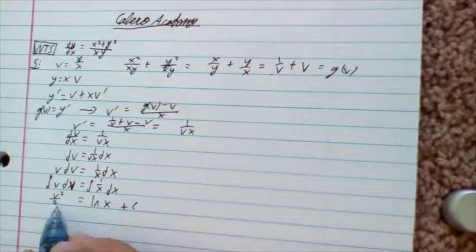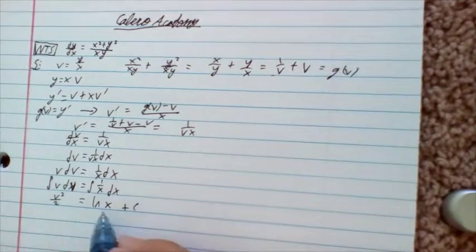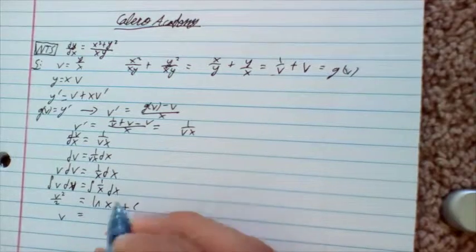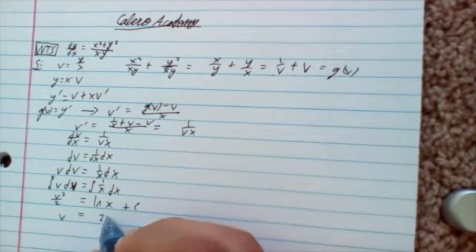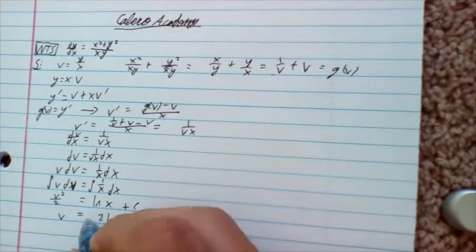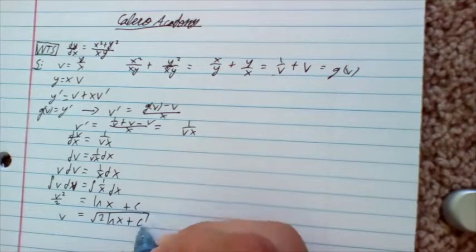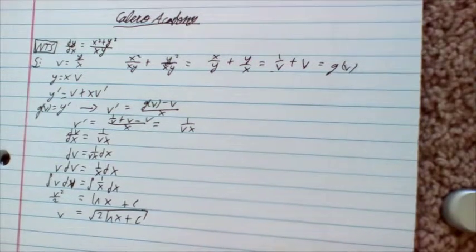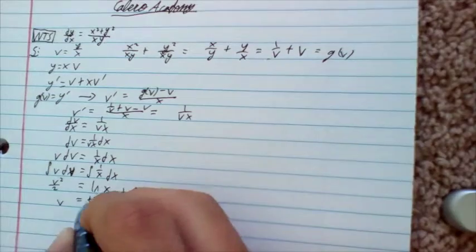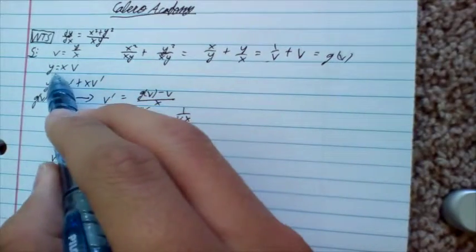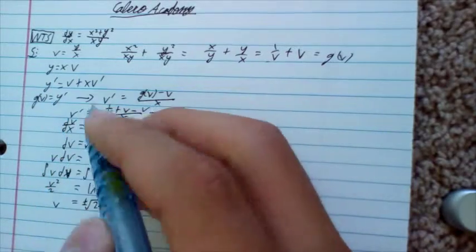So, now what we do, we just try to get v by itself. We have v squared is going to be equal to 2 times the logarithm of x plus some new constant c. V is going to be equal to the square root of that, plus or minus. So, now we can write from this over here, y is equal to xv.